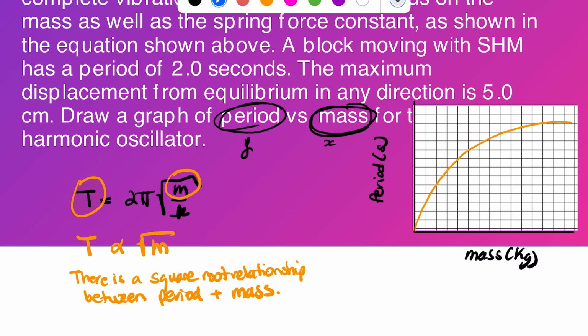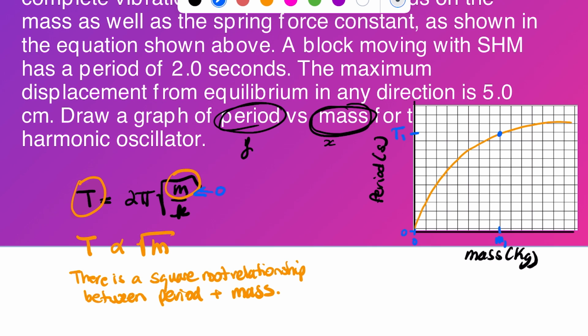You could be like, oh, well, here's 0, 0, because when this is 0, I know I'm going to have 0 period, right? So you can use that as a point. You can also pick another point. You could be like, okay, this here is going to be mass 1, and it's going to go with this point here, which is period 1. So that would be just like placeholders.